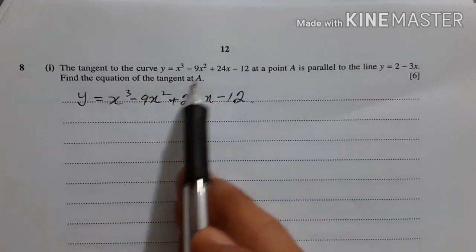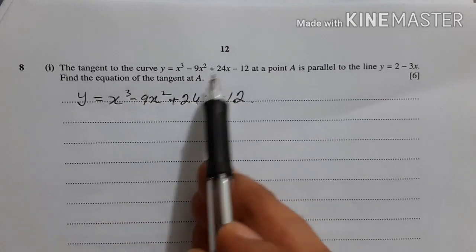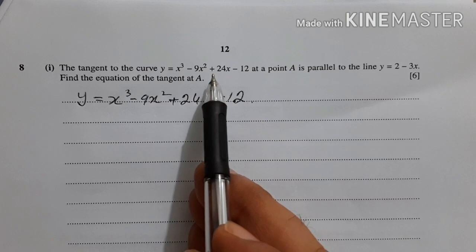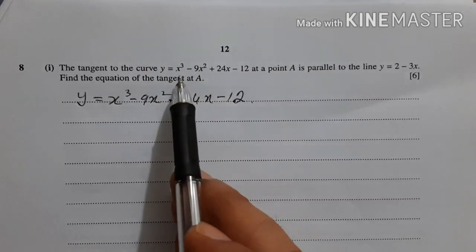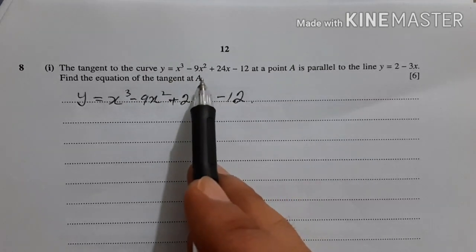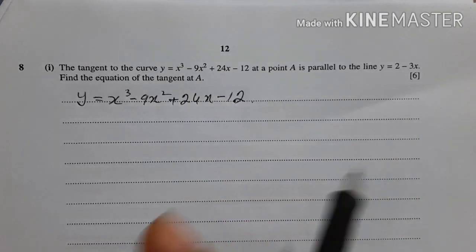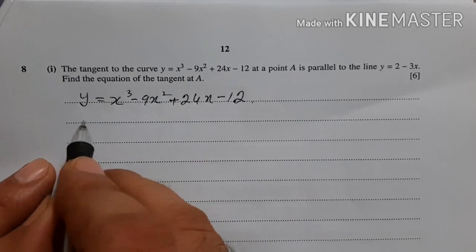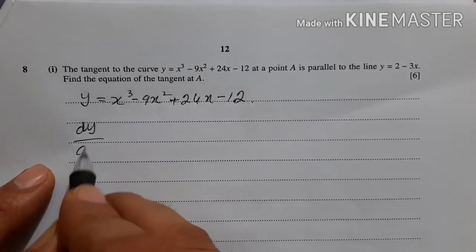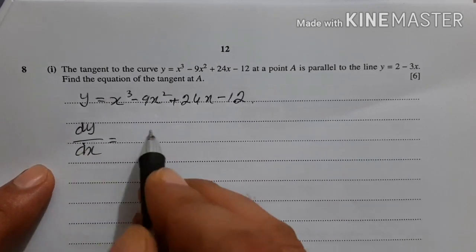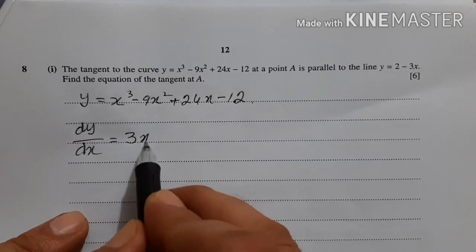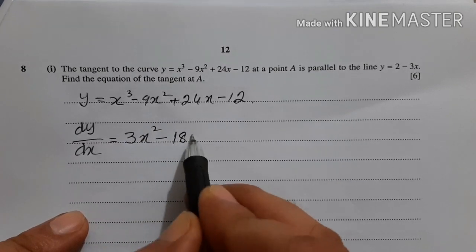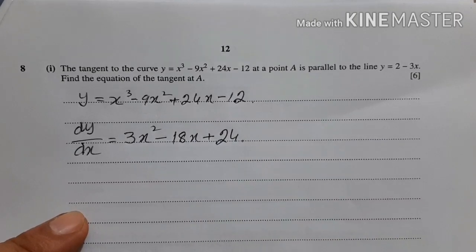So for the value of gradient, we need the derivative of this to find the value of gradient at this point. So for tangent, we need the derivative, that is dy by dx. So this is 3x square minus 18x plus 24.